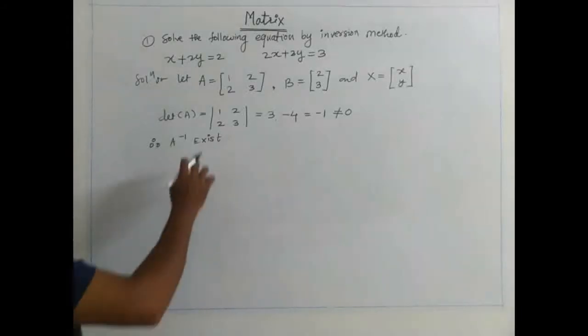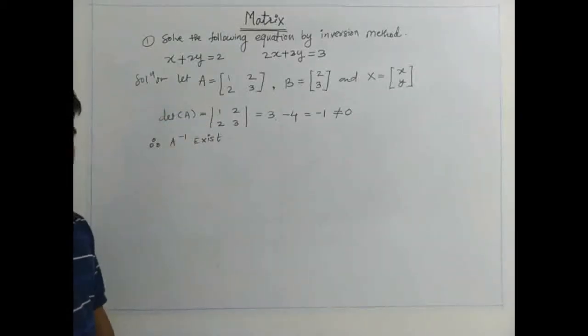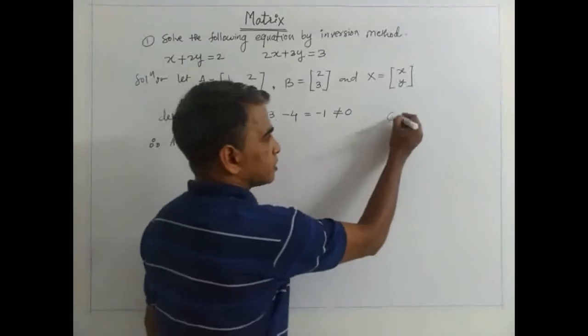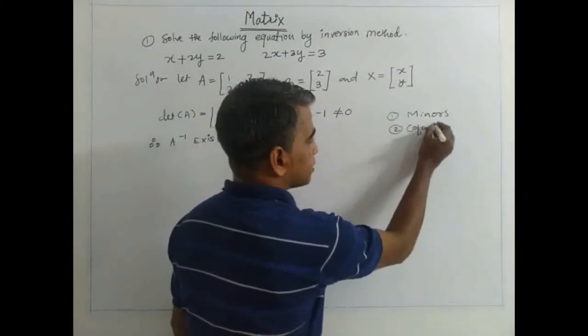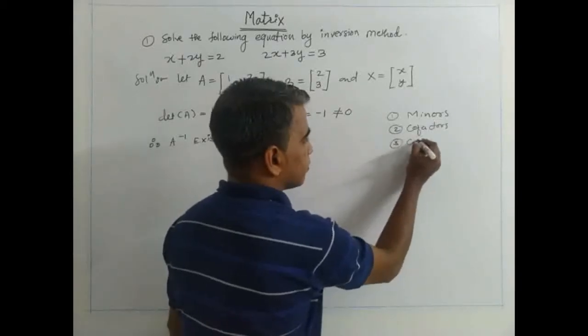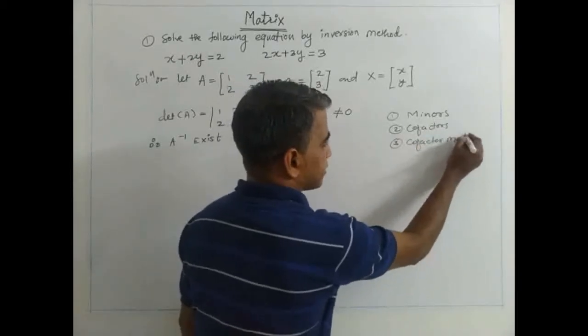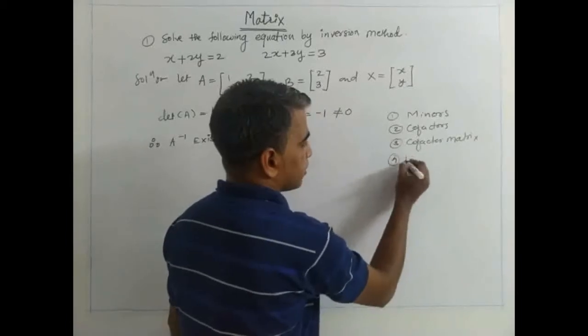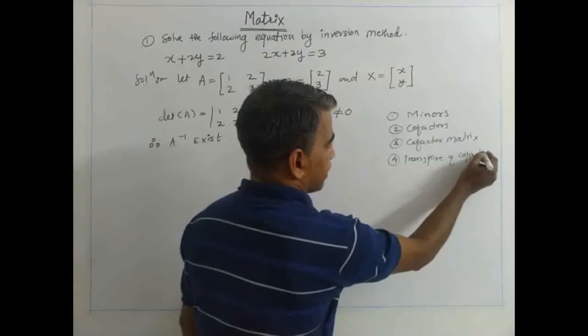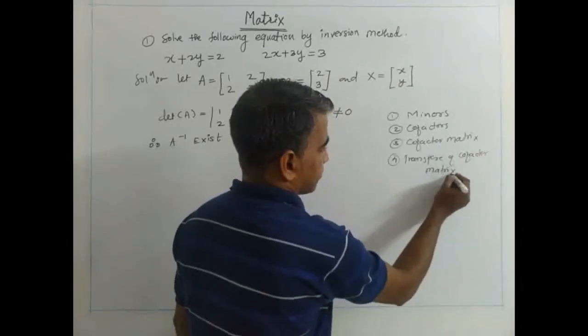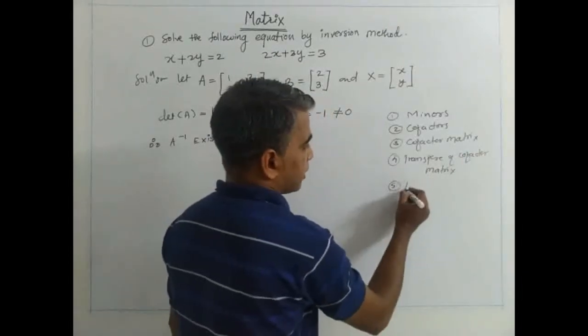Now the next part is finding the A inverse value. For finding the A inverse matrix, we are going to use the adjoint method. For finding the adjoint, we have to follow the steps one by one. First step is minors, second step is cofactors, third step is the cofactor matrix, fourth step is the transpose of the cofactor matrix, and the last one is A inverse.